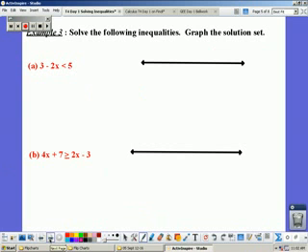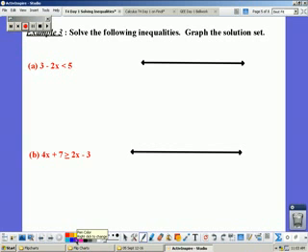Okay. Example 3 says solve the following inequalities and graph the solution set. Okay? So we're solving equations, just our equations have an inequality symbol, and after you solve it, you have to graph it. Okay, so part A, you want to solve these just like you solve regular equations.